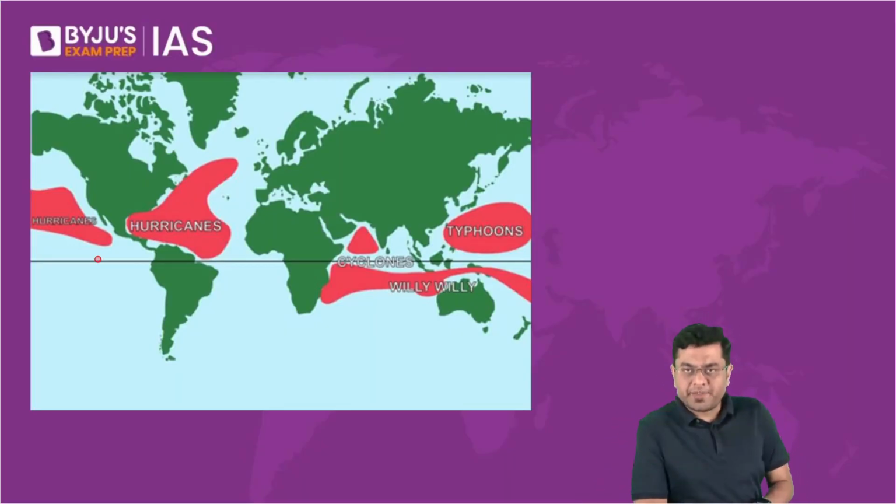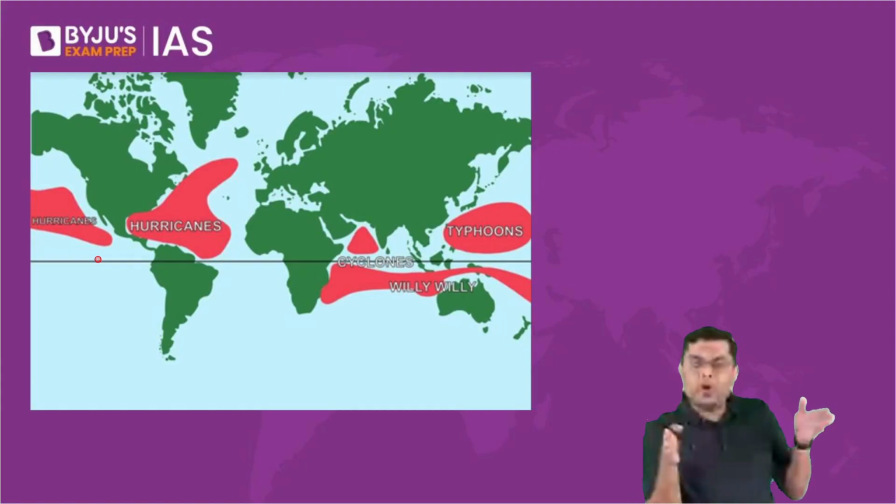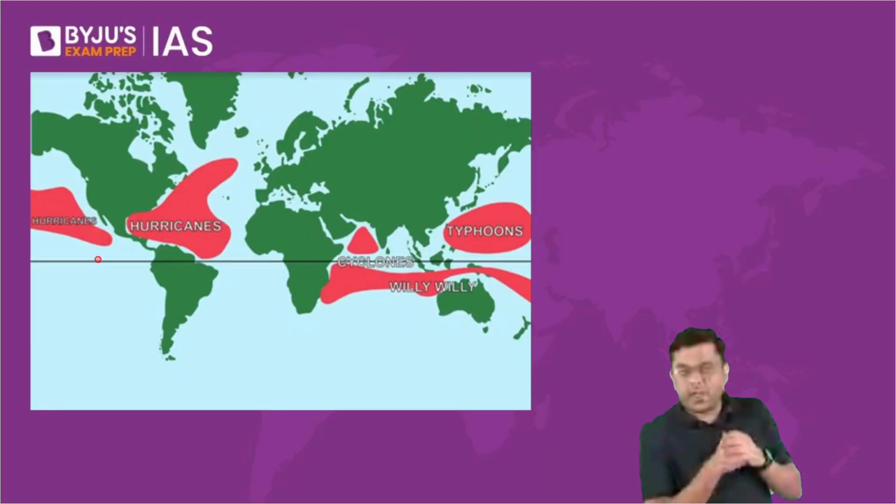It is a prerequisite. Then we understood the various stages for the development of a temperate cyclone, where initially you have the creation of a stationary front, and then the fronts start to get distorted.